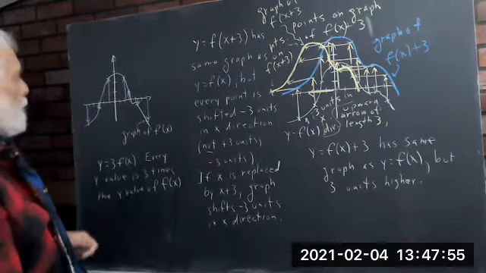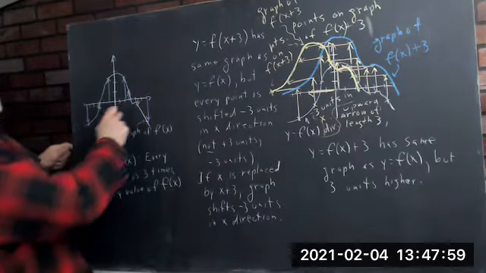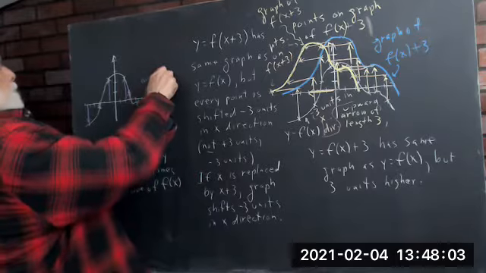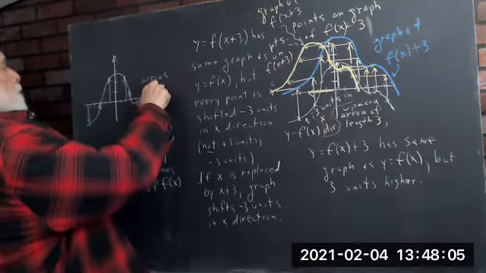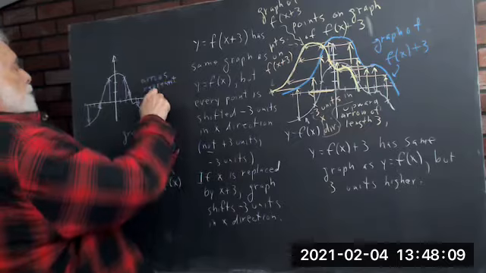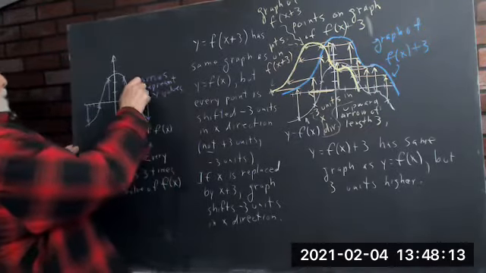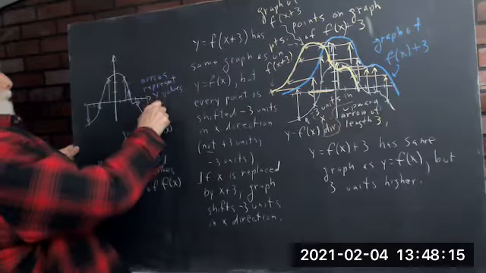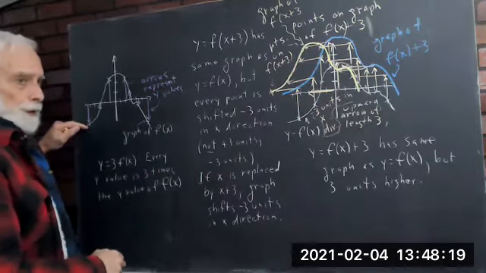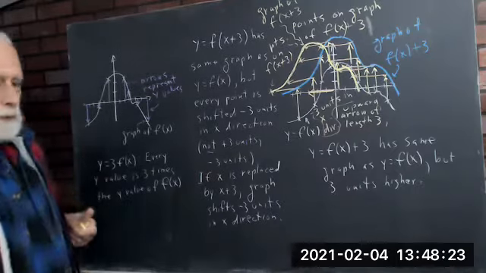Okay, so here are my y values. So these arrows from the x-axis down to the graph or up to the graph represent the y values.